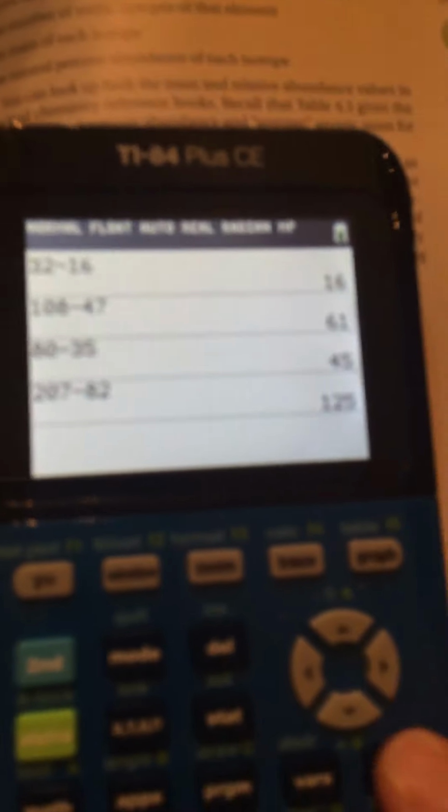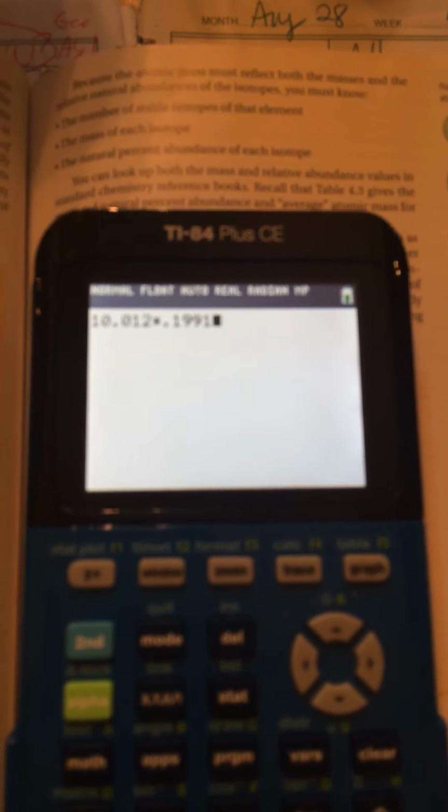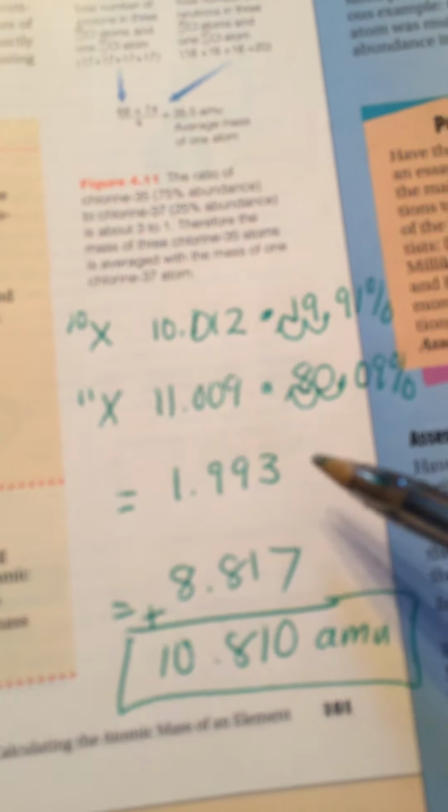I'm going to clear out what's in there, and I'm going to put in 10.012 times 0.1991. And I get that big old long number, but I round it off to 1.993.